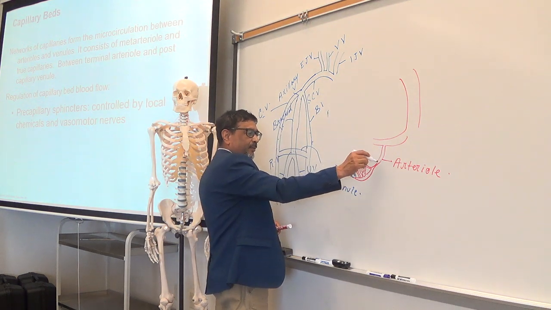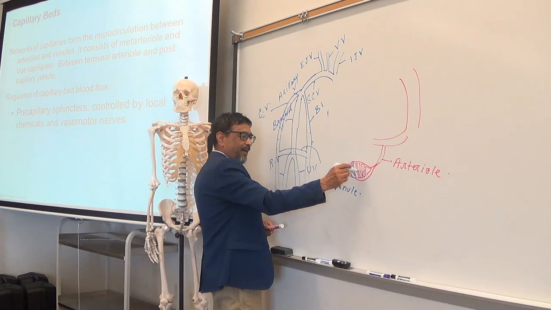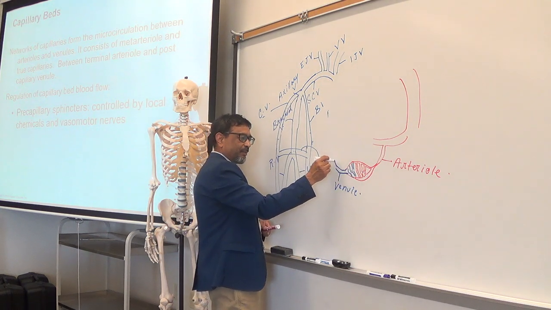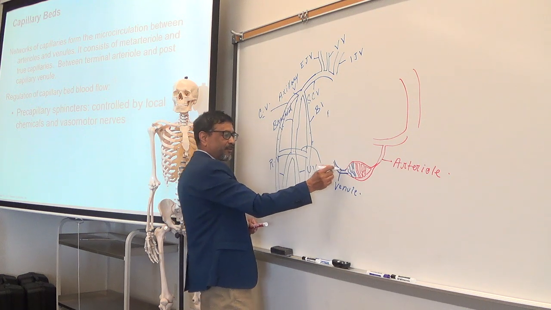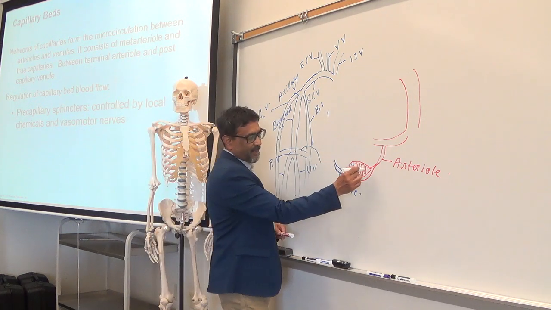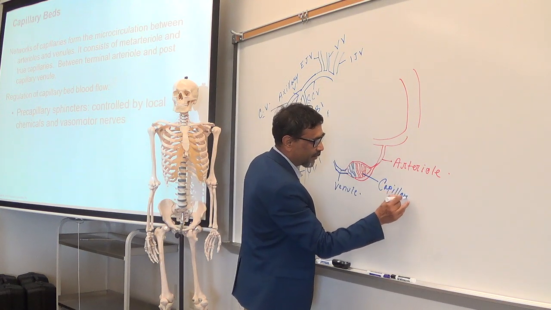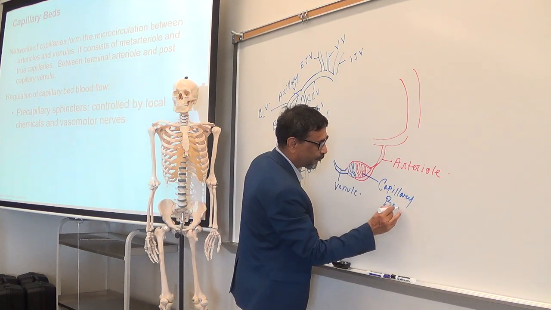So oxygenated blood enters into the capillary bed and deoxygenated blood leaves the capillary bed. Makes sense? And enters into the venous system. So this is the capillary bed.